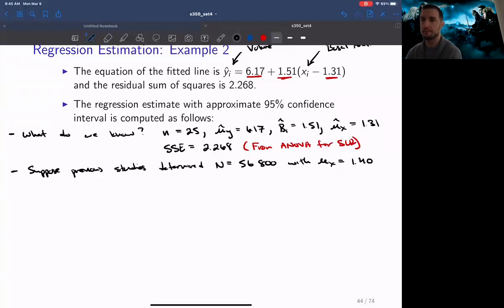This isn't something you would have to guess or work out or anything like that. You'd have to have this beforehand. So let's suppose that this is the case.